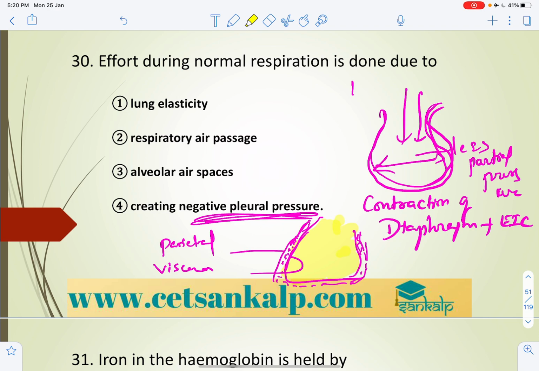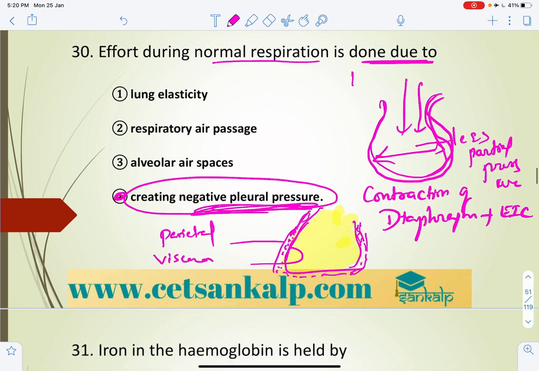So that creates negative pleural pressure. So the effort during normal respiration is due to the creation of negative pleural pressure.